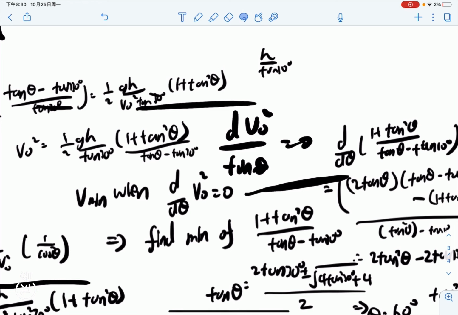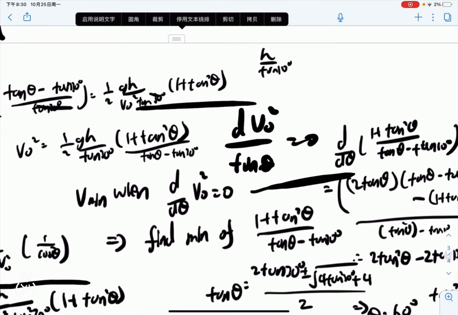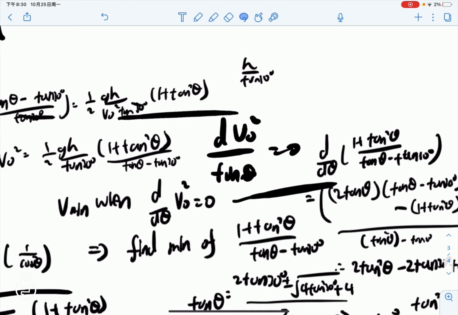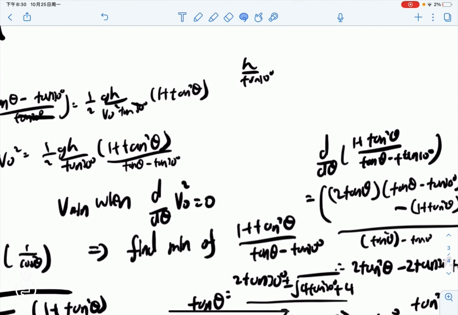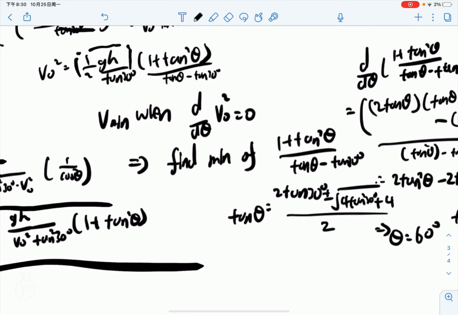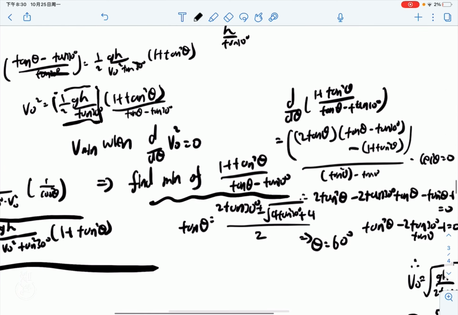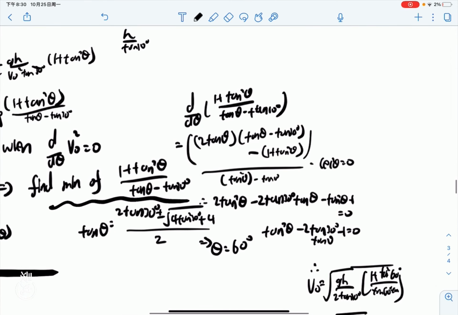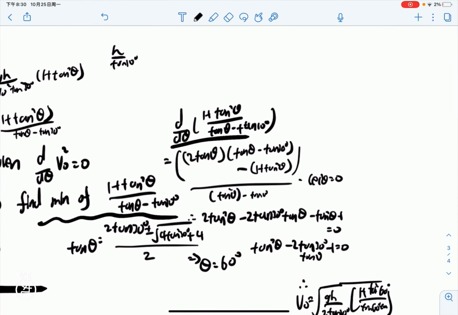And now if we take the derivative, we know that this stuff is just a constant and it's quite irrelevant. And now we just want to find the minimum of this. So basically if you take the d theta, it's just basically d tangent.